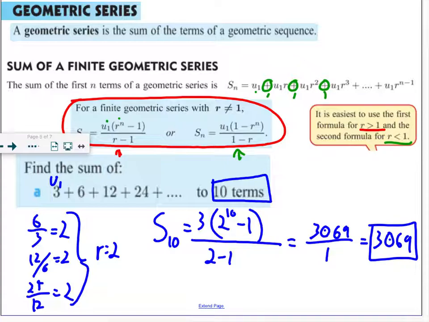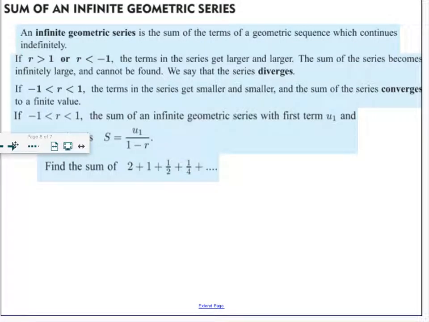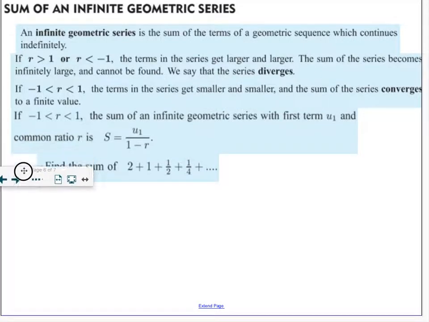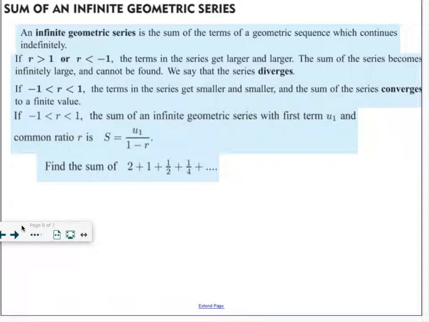Next example: an infinite geometric series, meaning this is going to go on forever. We have a set of terms, but the dot dot dot means we're not going to stop.